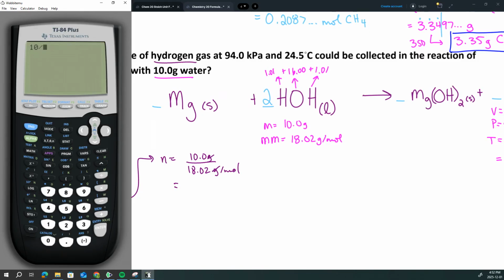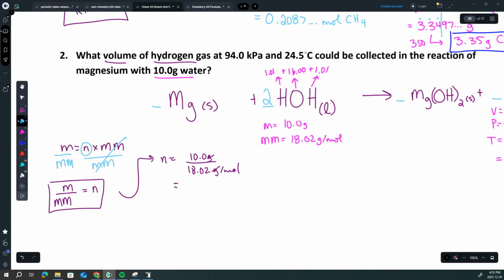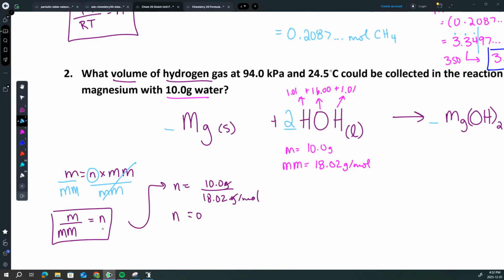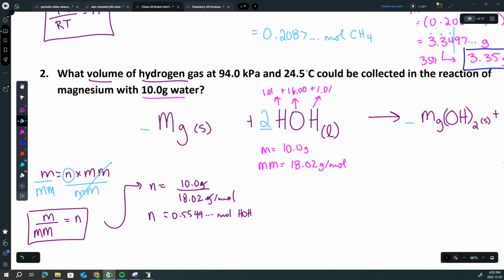So 10 divided by 18.02, and we're going to get 0.5549, goes on forever. And this is moles of water, which you can write as HOH or H2O. They mean the same thing.